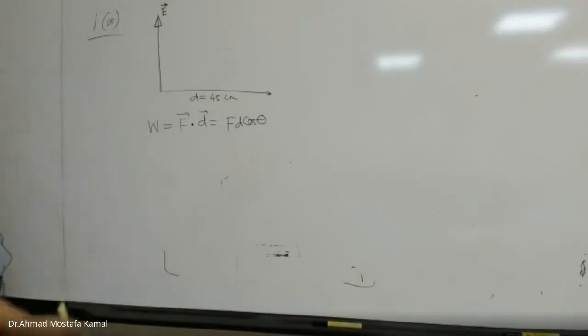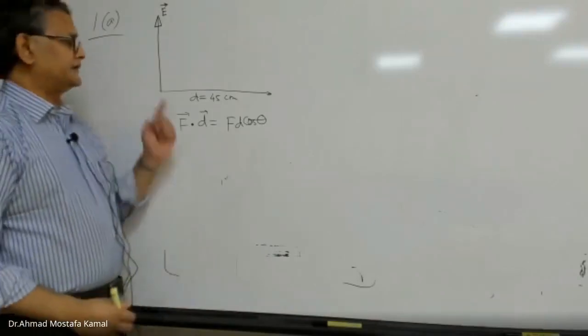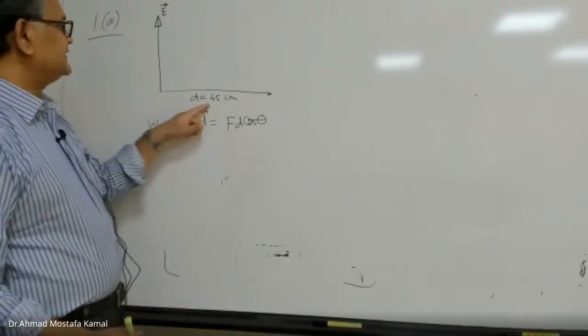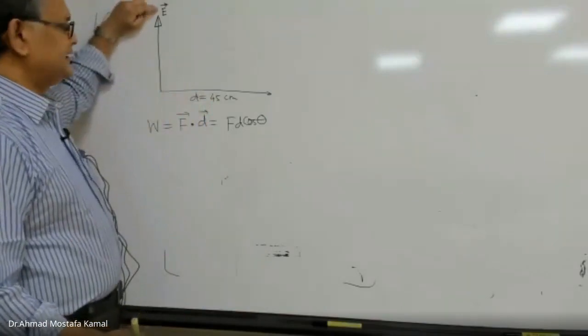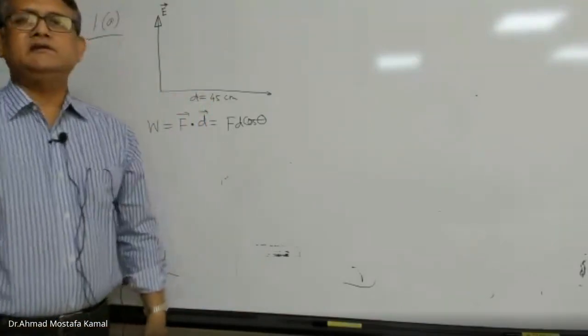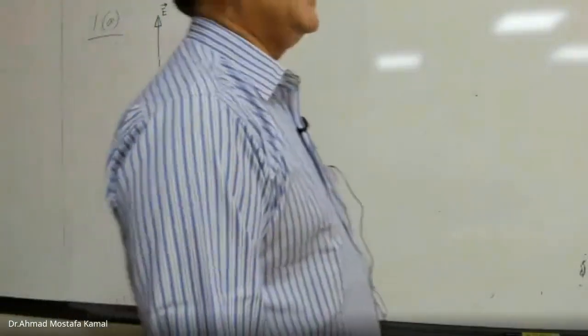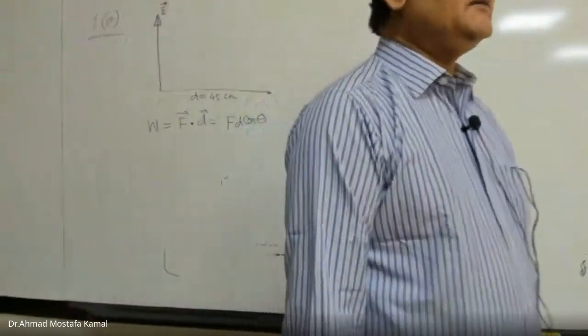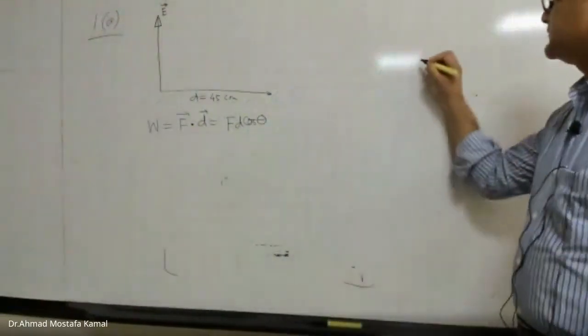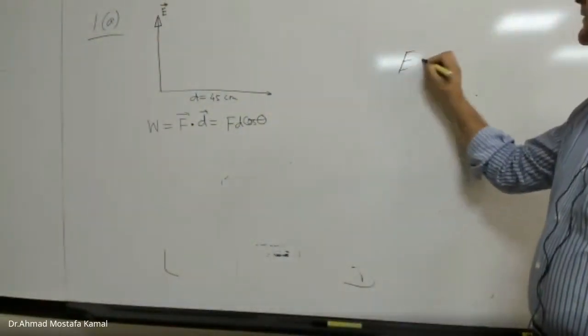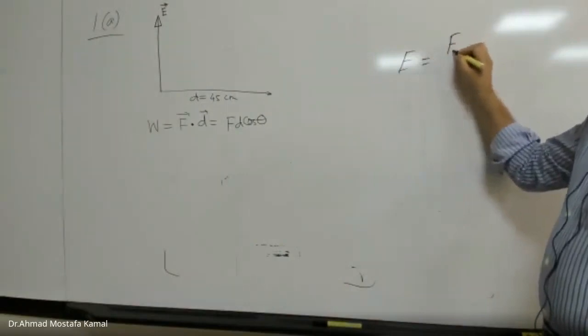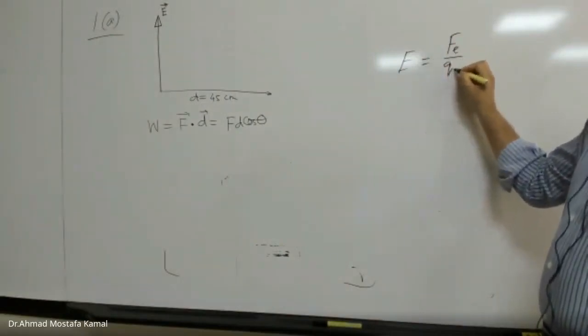Now, we have this expression FD cos theta, but we are not given the force. We are given D, the distance, and the electric field. But we also know that force and field have a relationship. The electric field is by definition force per unit charge.